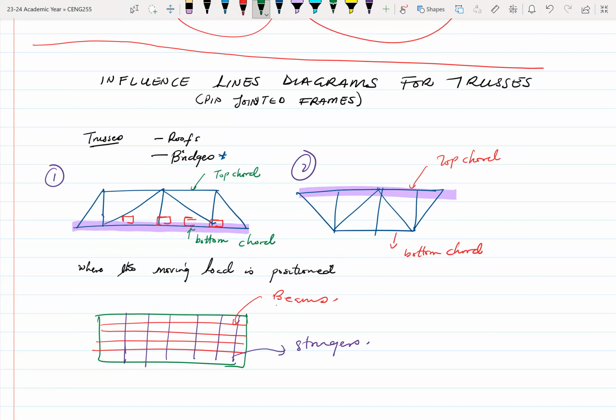So in that case, vehicles move on the top chord. And in the other case, vehicles move on the bottom chord.